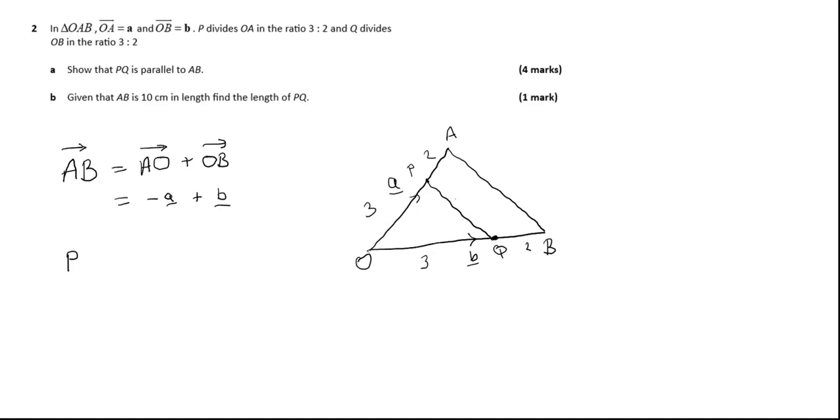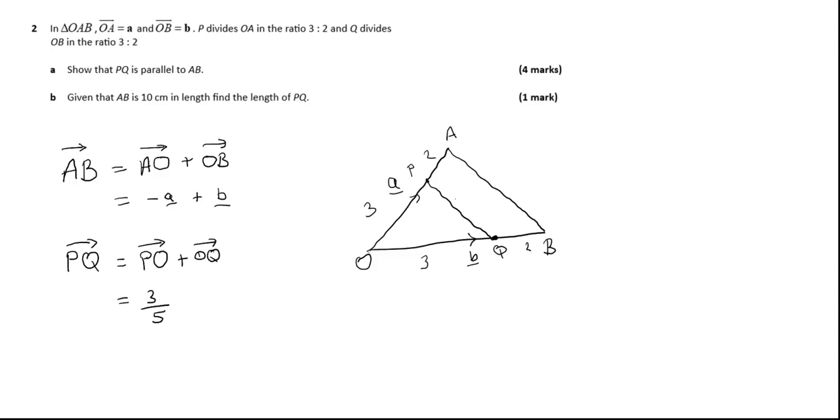And then to get from P to Q, I'm going to go from P to O plus O to Q. And P to O, well, that's the 3 part of the 3 to 2 ratio. Because it's split into a 3 to 2 ratio, it's split into 5 portions, and this is the 3 part.